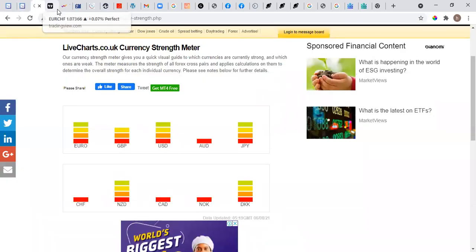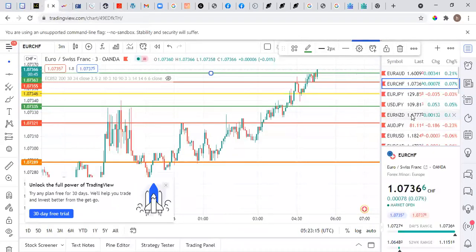Let me see Euro CAD too, or USD CAD. Yeah, I think there's a good one there.